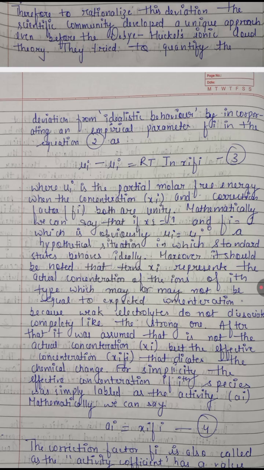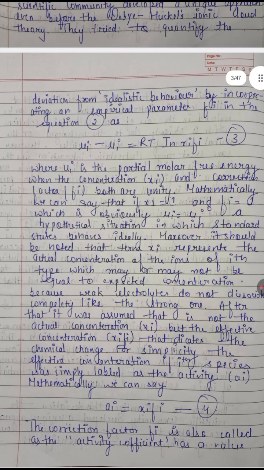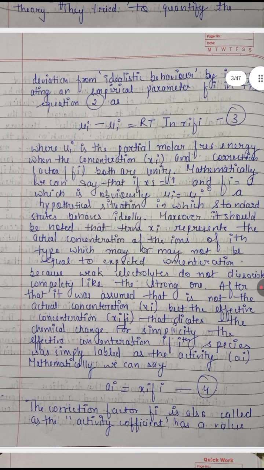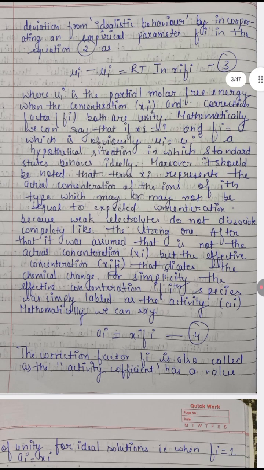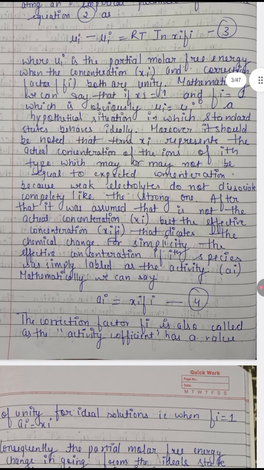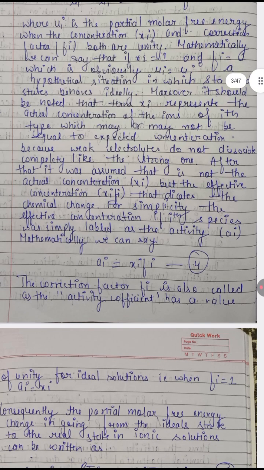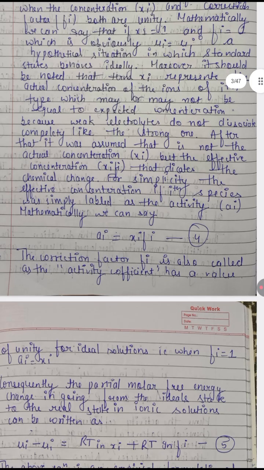Therefore, to rationalize this deviation, the scientific community developed a unique approach even before the Debye-Huckel's ionic cloud theory. They tried to quantify the deviation from the idealistic behavior by incorporating an empirical parameter fi in equation 2 as mu i minus mu naught i equals RT ln xi fi, equation 3, where mu naught i is the partial molar free energy when the concentration xi and the correction factor fi both are unity.